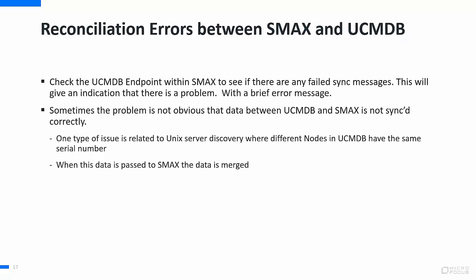If we start to look a little bit more at the reconciliation errors between SMAX and UCMDB, like I was covering before, check the UCMDB endpoint within SMAX to see if there are any failed sync messages. When you look within the actual integration in SMAX, you can go to the relevant endpoint.